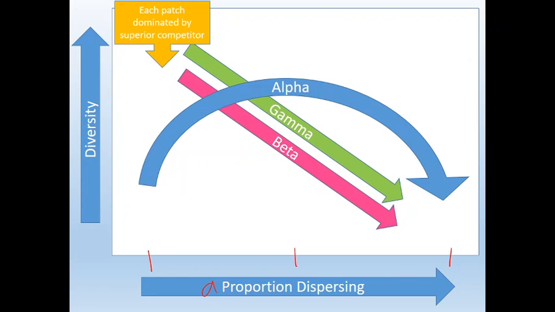Okay, so when very few of the species in a metacommunity are actually dispersing, let's say just one or whatever, what happens, given the theory, is each patch becomes dominated by a superior competitor.